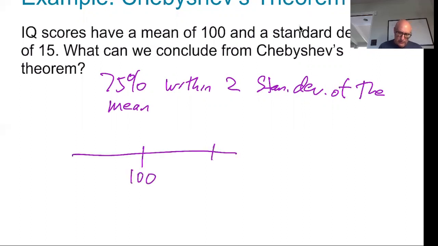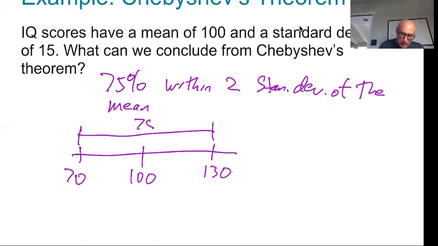Two standard deviations above is 130. Below was 70. Chebyshev's theorem says at least 75% of any data set doing IQ would be between 70 and 130. It's more of a theoretical statement than practical.